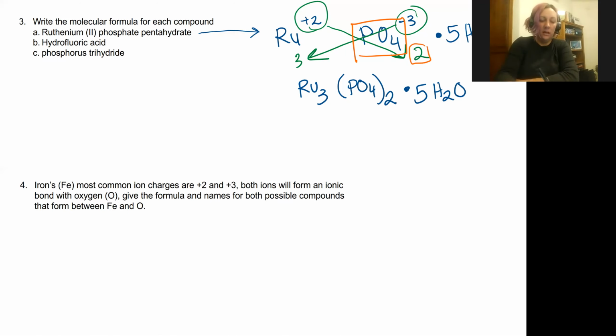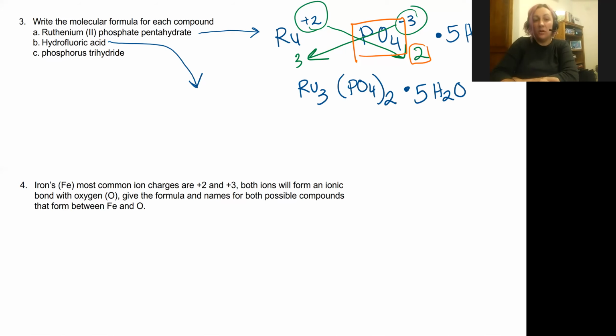Next, hydrofluoric acid. So this is an acid, so I'll go to my naming conventions for acid. That just tells me there's a hydrogen that I'm going to write first in my molecule. And then it says hydro, and then it has an element name and ic ending. So it looks like the fluorine is written out as basically the same way you would for an anion.